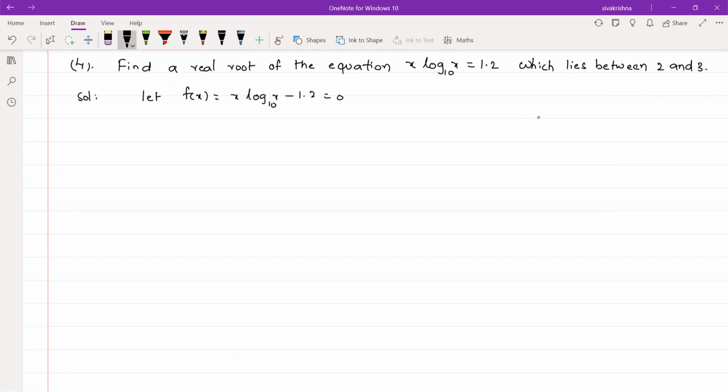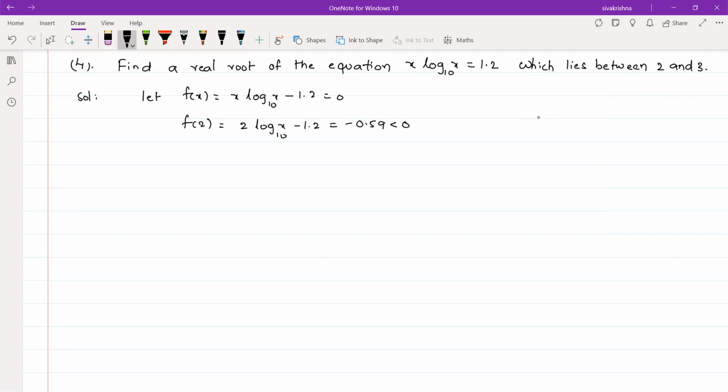So first I am checking f of 2. It means we have to substitute 2 in the given equation, so that we get 2 into log x to the base 10 minus 1.2. So the value of f of 2 is equal to minus 0.59, which is a negative value.